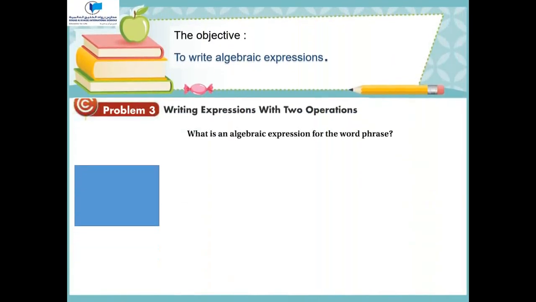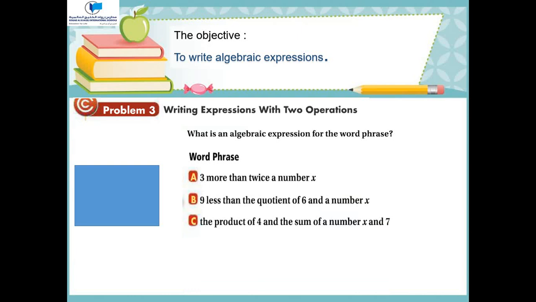Writing expressions with two operations. Let's see now, the phrases will get more complicated. 3 more than twice a number x, step by step. I'm going to write 3 plus twice a number x.